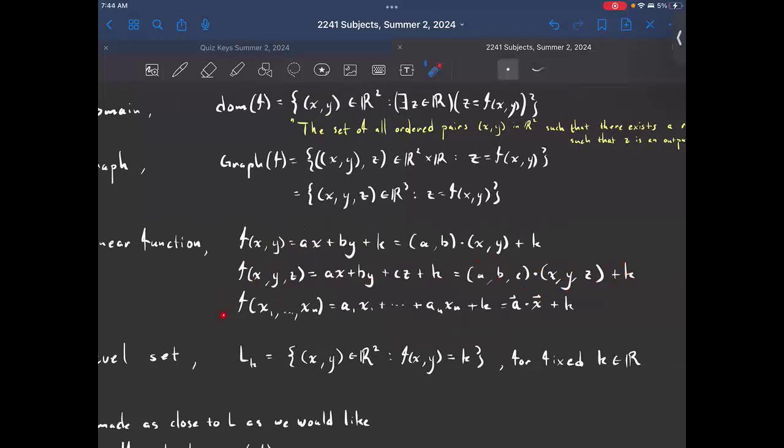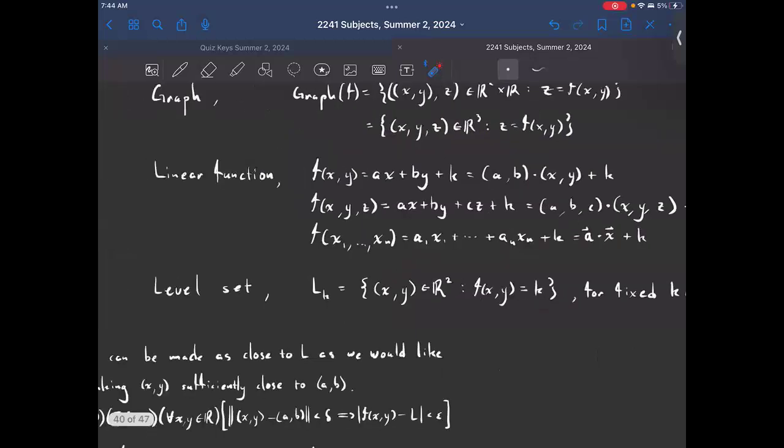And then for n variables as an input, we have the same sort of thing. We just sort of extend out the number of things being summed up here. And we can write that more generally as constant vector times our variable vector x plus another real number k. And that should be equal to our variable vector y over here.